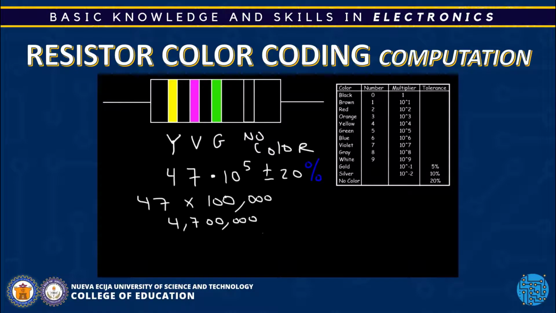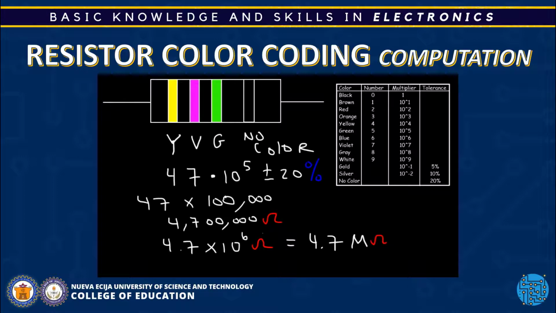So that is the resistance level in ohms, which if you put it back in scientific notation, by moving the decimal 6 units to the left, this is equivalent to 4.7 times 10 to the 6 ohms. Now, 10 to the 6 is basically a million, which represents mega. Mega is equal to 10 to the 6, so you can write it as 4.7 mega ohms.